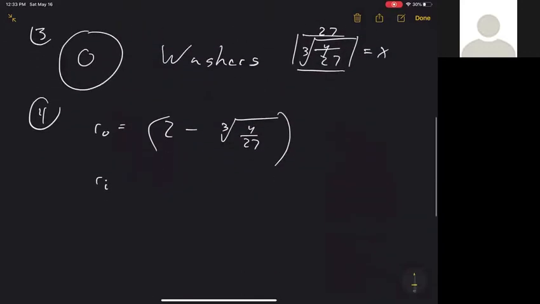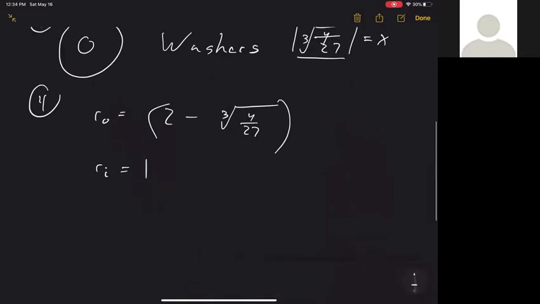So that inner radius is always 1. All right. It might help to simplify this a little bit. So this is 2 minus the cube root of y over, what's the cube root of 27? That's just 3. So we could write this as this.